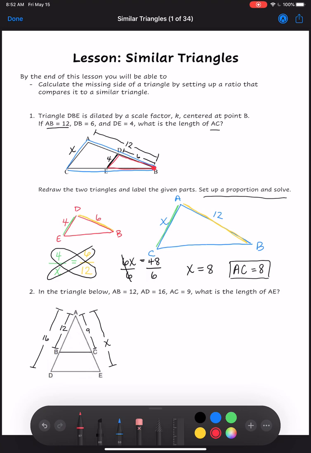So we have one triangle, that's triangle ABC, that's the little one. We have A, B, C, and we know that AB is 12 and AC is 9. And then we have the larger triangle, ADE, and we know that AD is 16 and AE is X.